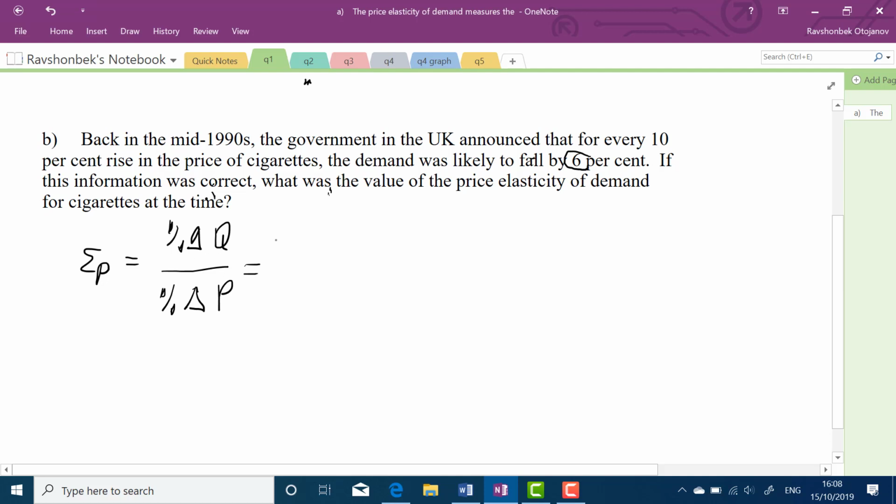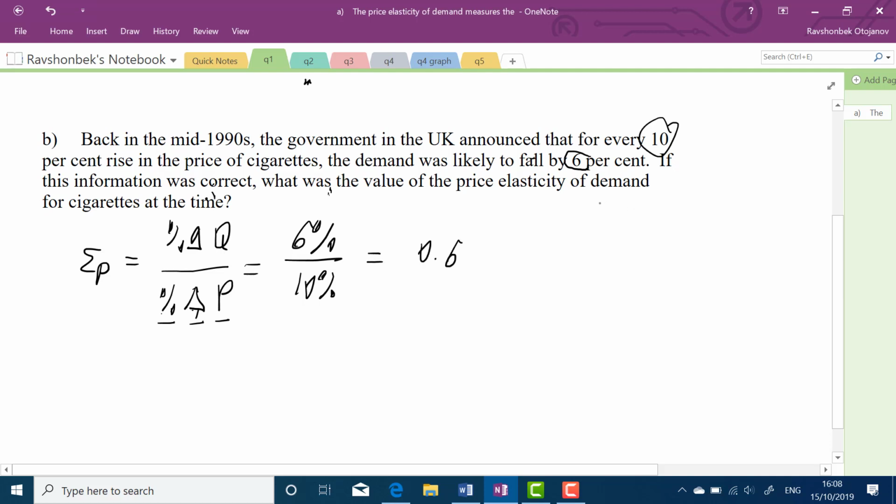That's demand apparently. So that's 6% over the price, 10% change. So that is here 10%. Now notice this percentage change in price. Yeah, that's how you read it. Percentage delta is change in price. Yeah, so that is 0.6.